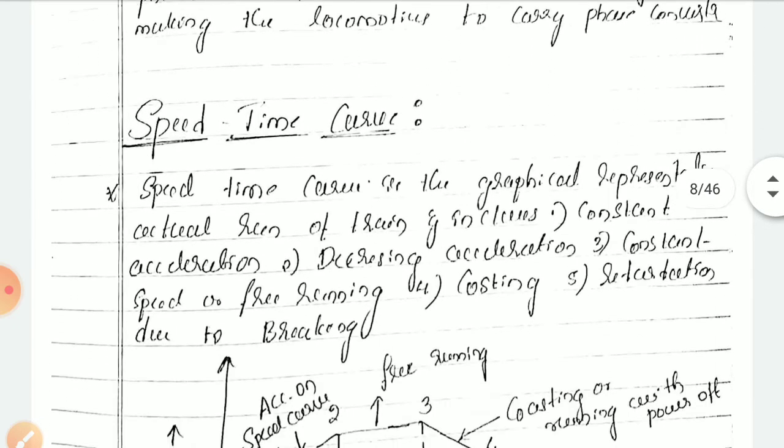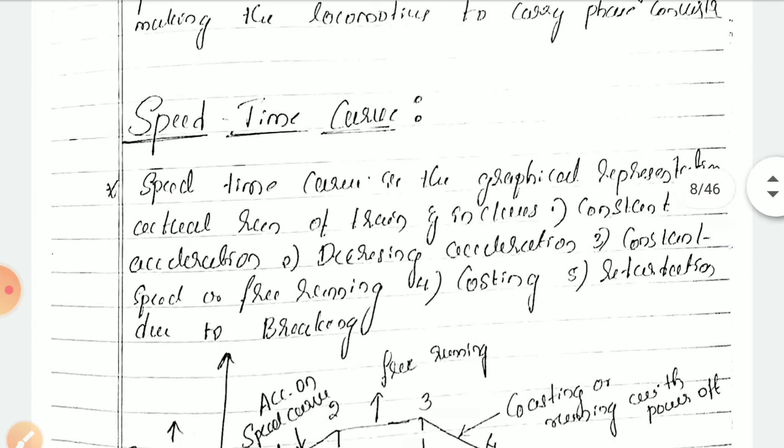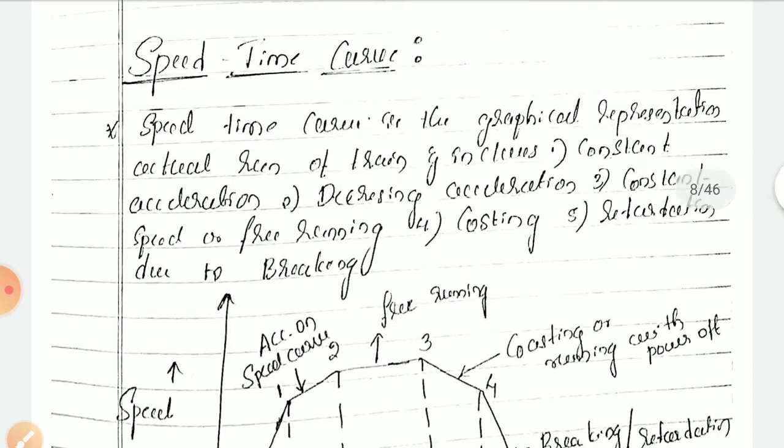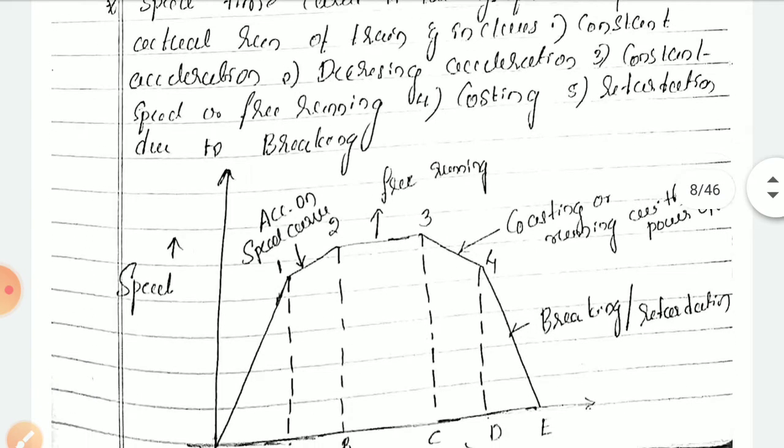So next is the speed time curve. Speed time curve is a graphical representation of an actual run of a train, which includes constant acceleration, decreasing acceleration, constant speed or free running, coasting, and retardation due to braking.